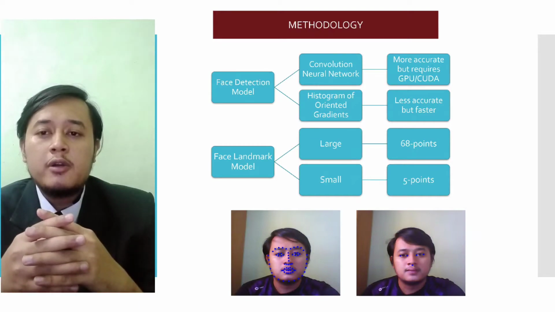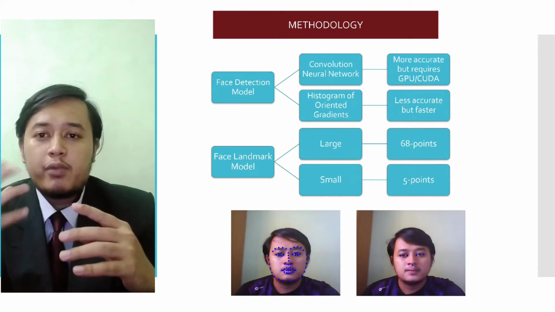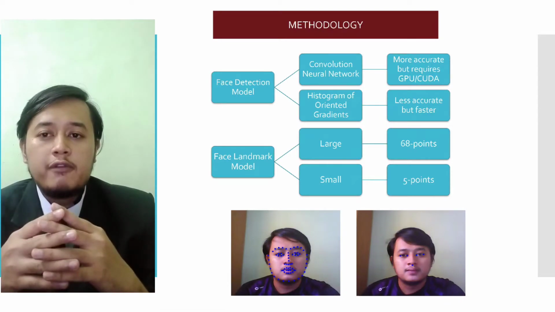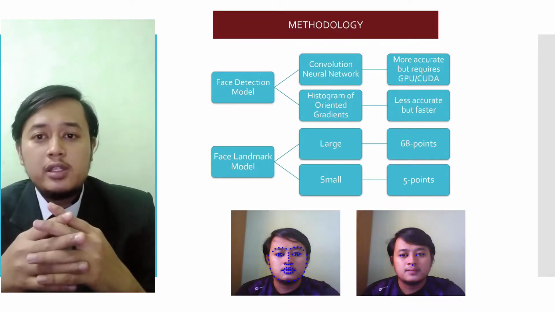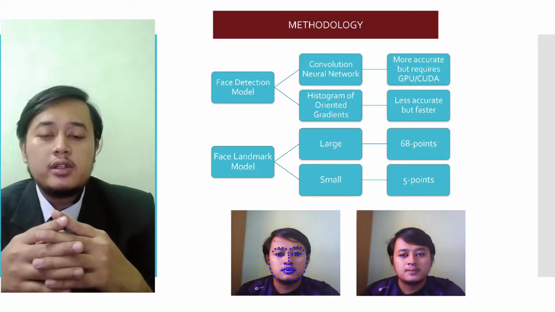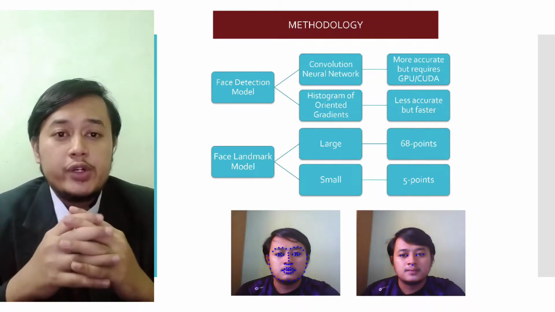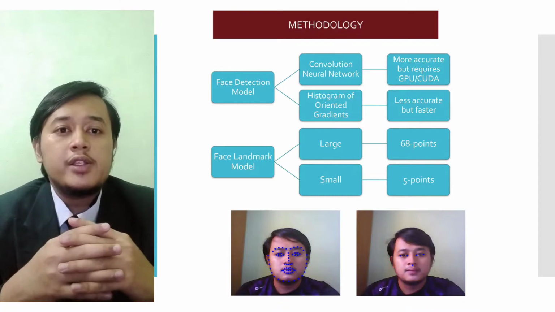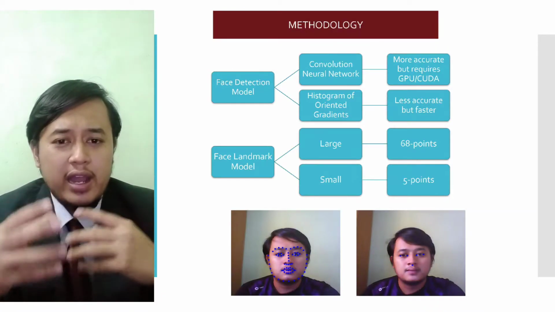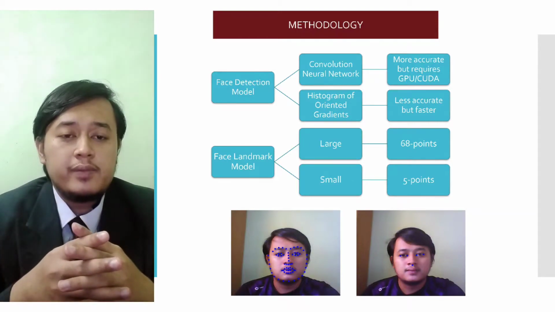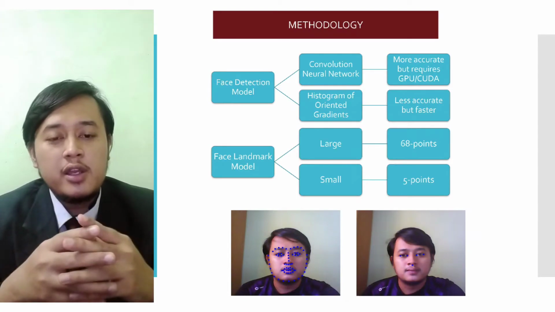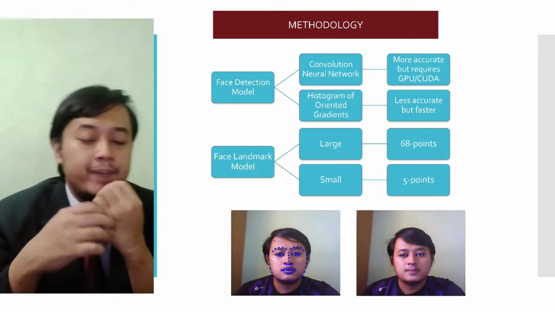So the face detection model that has been provided in this face recognition module provides two models, which are convolution neural network and histogram of oriented gradients. The convolution neural network or CNN is more accurate but requires GPU or CUDA, which is higher performance devices. Meanwhile, the HOG is less accurate but faster in giving the response and result.